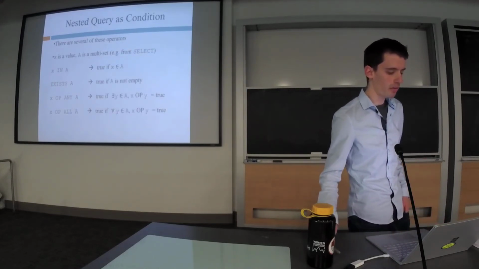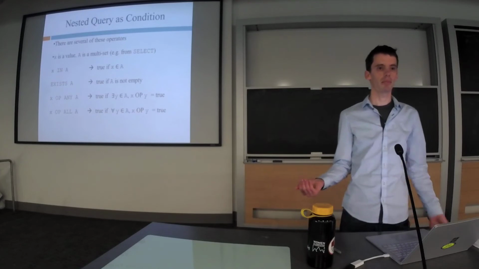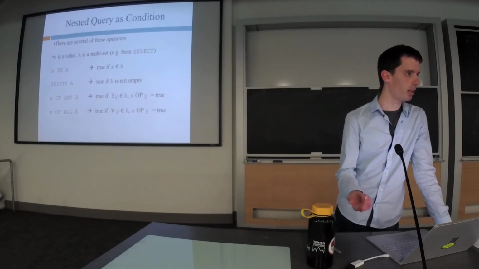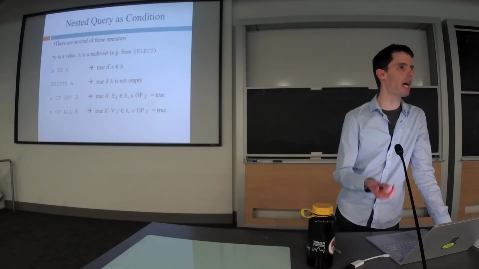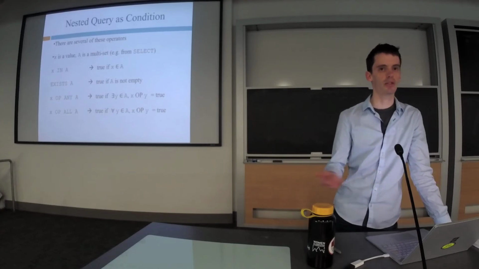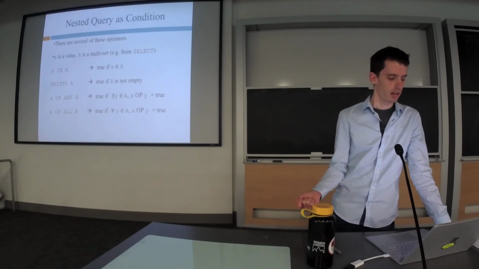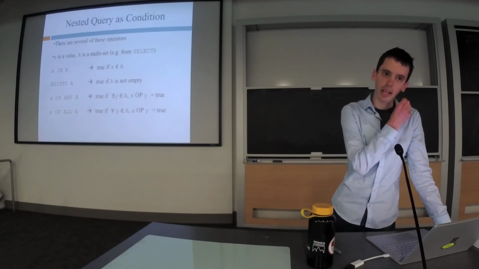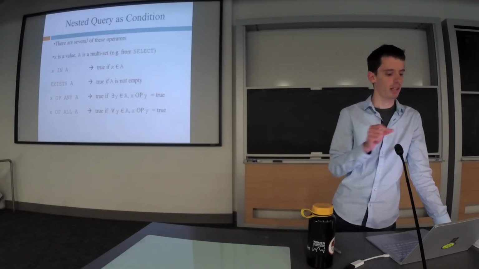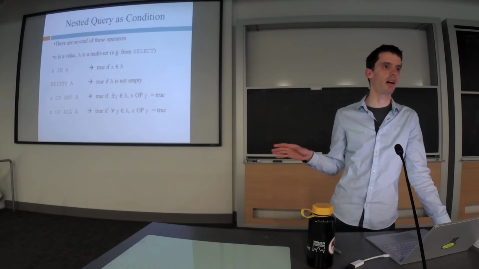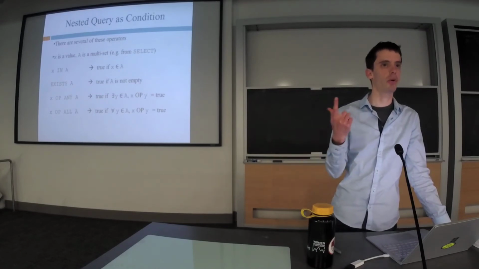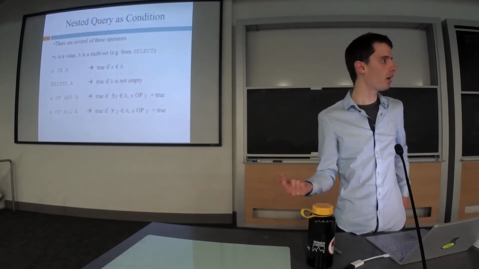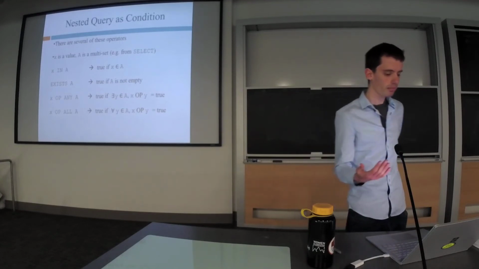What these mean: we've seen x in A. This is true for that x if the x shows up in the multiset. Exists is true if A is non-empty, so if there's one row or more, it results to true.